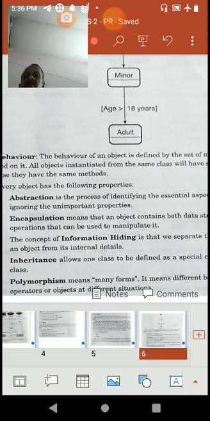The main objectives of DBMS are: number one, minimal redundancy.